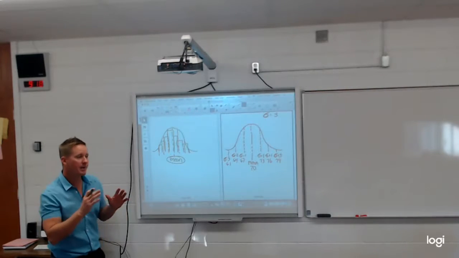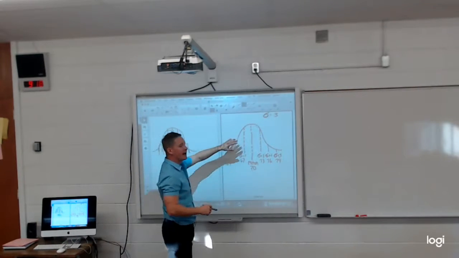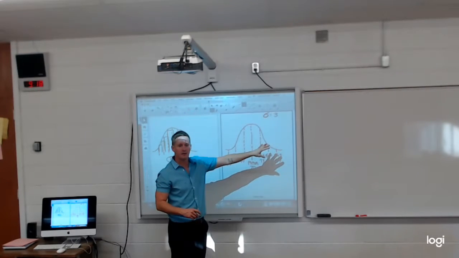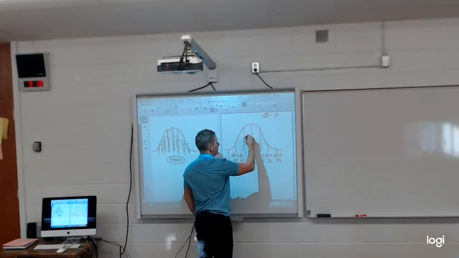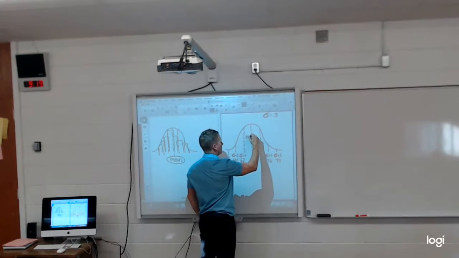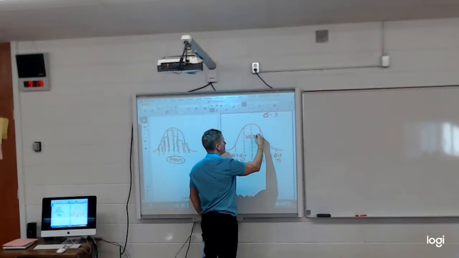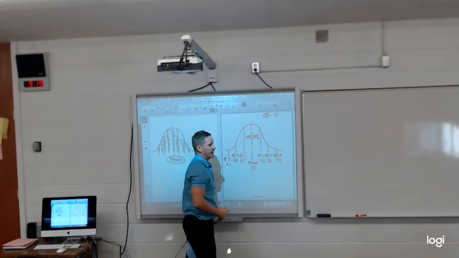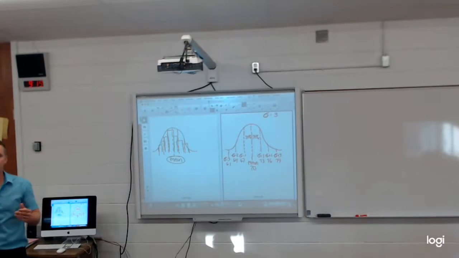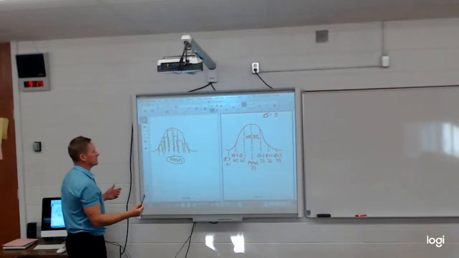Now what this bell curve tells us is it actually tells us the percentage of scores that this occurs. All right? Within 1 standard deviation above and below, 34% of the scores will end up in there. Now you're going to hear a lot of percentages. We're going to use that word a lot. But here's what this says.